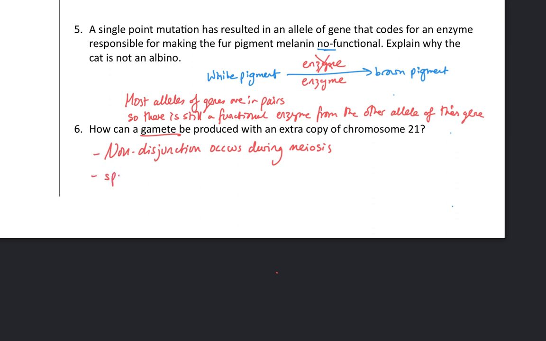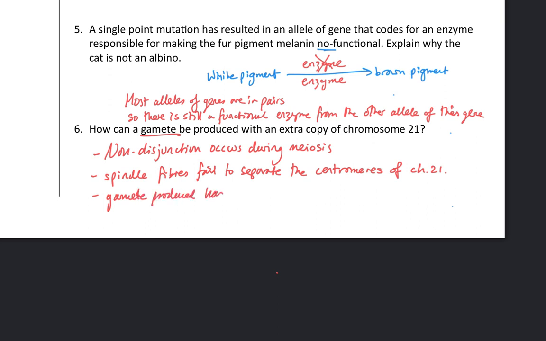This is where spindle fibres fail to separate the centromeres of chromosome 21. So the gamete produced has two copies.